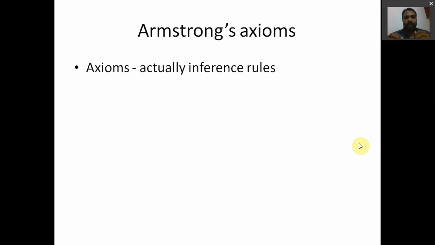So actually, here the given facts is a set of functional dependencies F, and from that F, we apply Armstrong's inference rules and try to infer new functional dependencies. So these are not axioms; they are actually inference rules. These are rules to infer new functional dependencies from that F. So we will see them one by one.